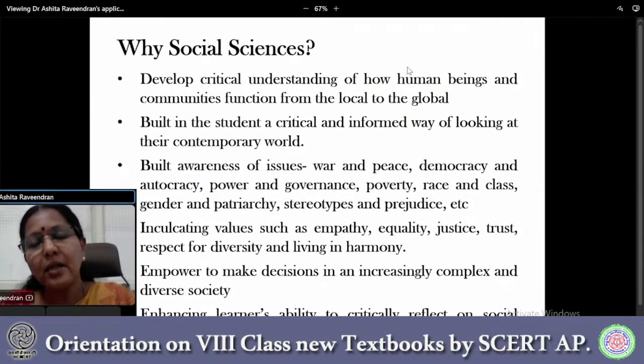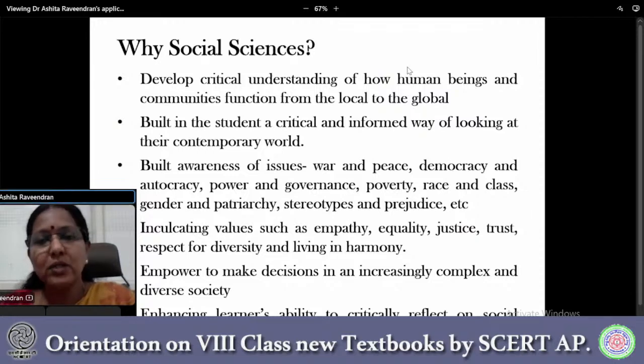They need to understand that there are diverse communities and diverse people, with diversities existing in every manner: in culture, religion, caste, according to regions, and according to countries. But all these people have to live together as one family, so importance has to be given to respecting diversity.